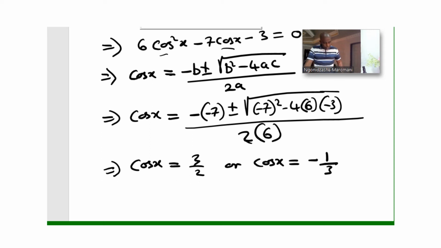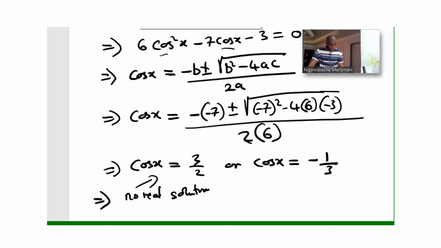Now going forward, can you see cos x equals 3 over 2, we cannot find it, there's no solution, so this one has no real solution.